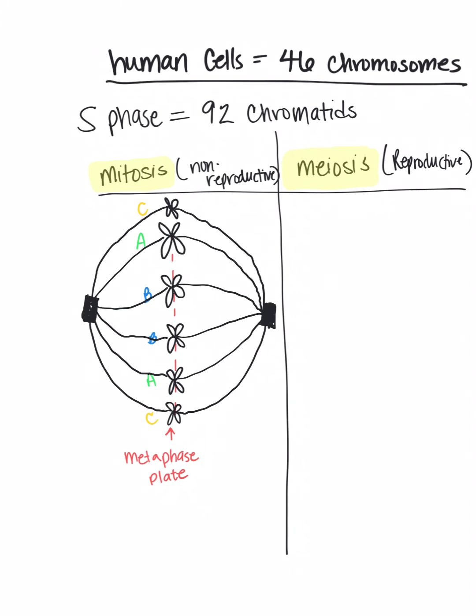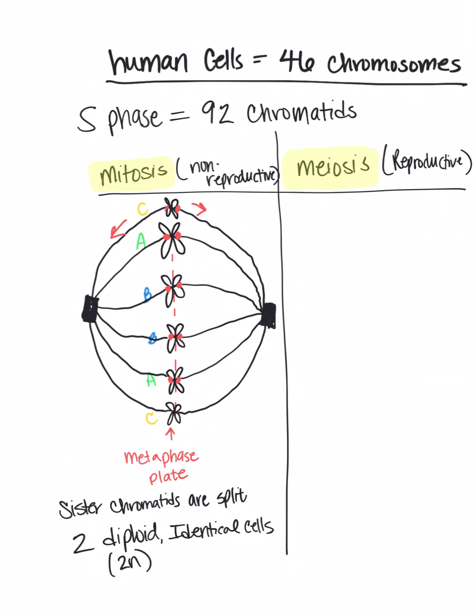And so during anaphase, the microtubules, which are attached to kinetochores, proteins located right at the centromere of these chromosomes, begin to shorten and pull the sister chromatids apart in opposite directions. And the result of the sister chromatids being pulled apart are two identical cells that are both diploid.